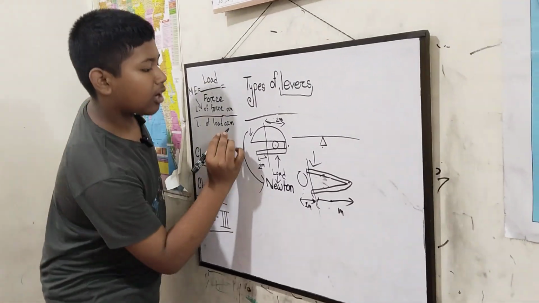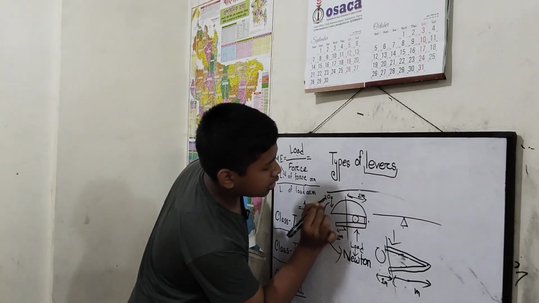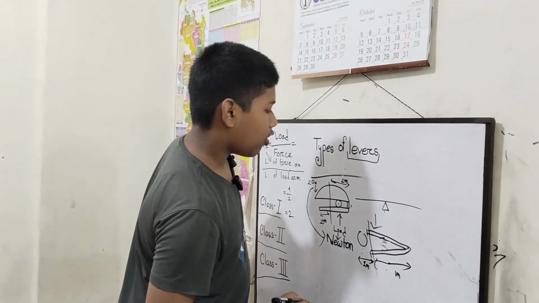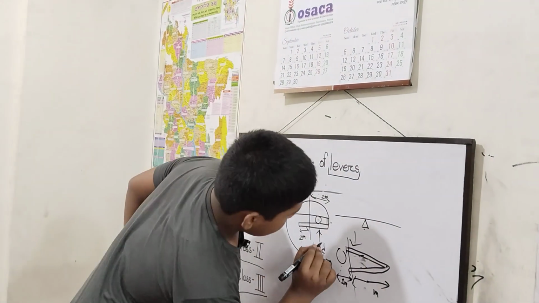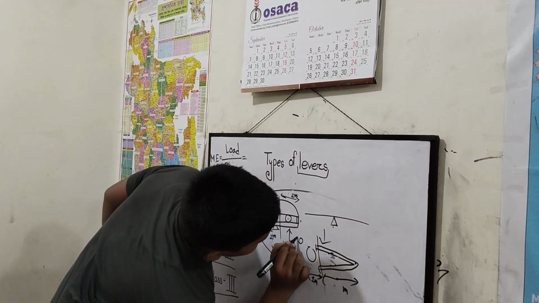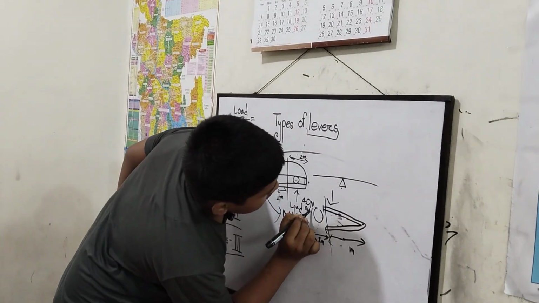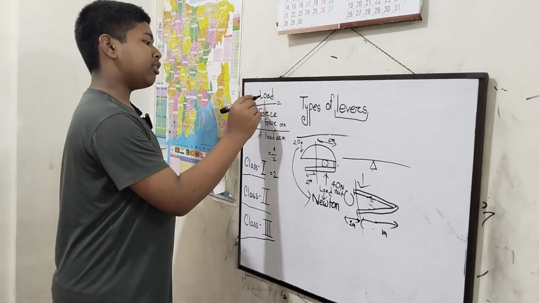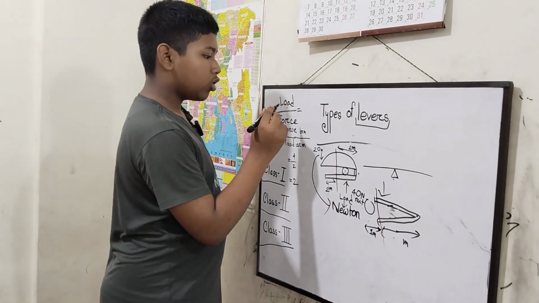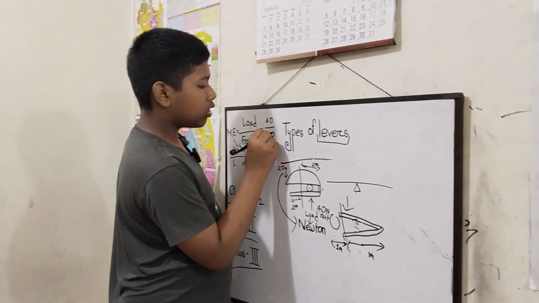So let's say that a person gives 20 Newton force to lift or break a 40 Newton nut. Now, what is the mechanical efficiency? You know that load equals force. So load is 40 and force is 20.